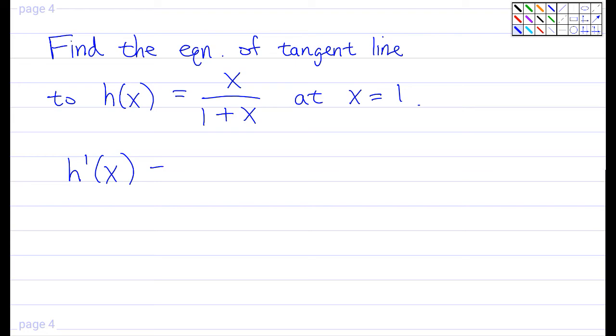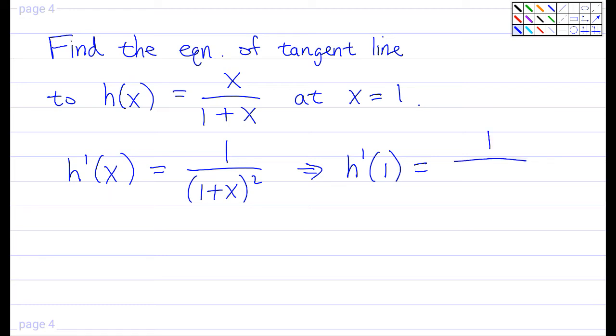We just got this nice thing right here. Okay, that means that h prime of 1, which is in fact the slope of the tangent line, is going to be 1 over 1 plus 1 quantity squared. Well, that's 2 squared. That's 1/4. All right, let's keep going.